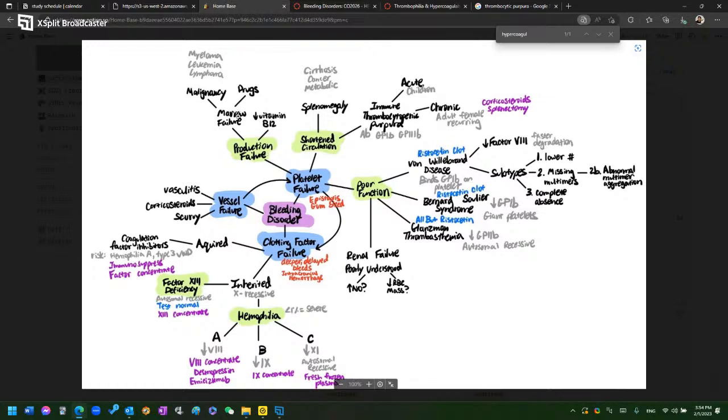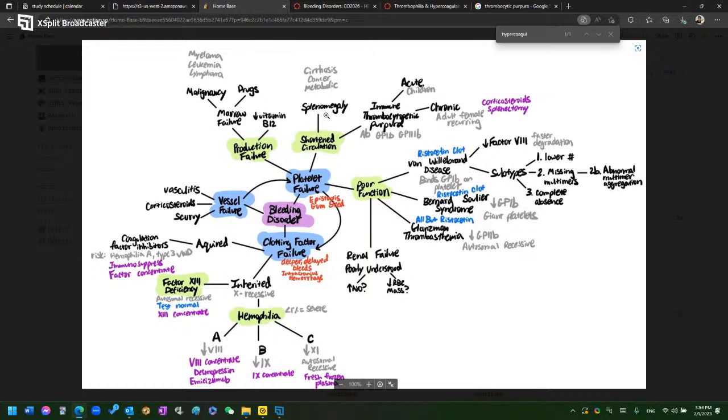So you're going to have a problem with production if you have a marrow failure, as is expected, right? Not enough platelets. Can't clot. Or you don't have enough vitamin B12, which is going to affect our blasts. It could be shortened circulation.